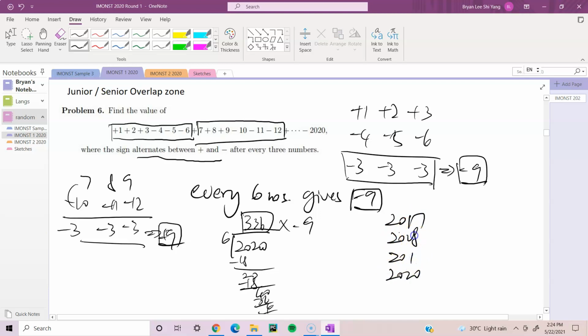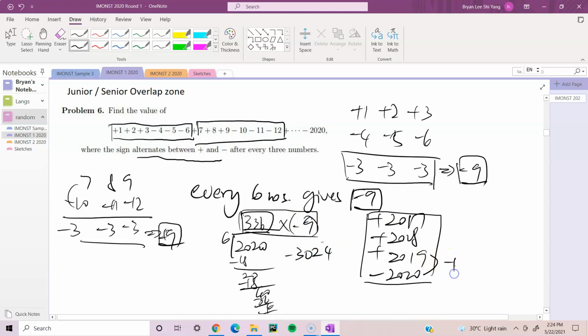So these 3 are positive, and then this one would be negative because of the alternating signs. So we're just adding these up, okay? This is a simple addition problem. You just need to do some addition. So 336 times negative 9 is negative 3024, and then we can make the positive 2019 and negative 2020 become a negative 1.